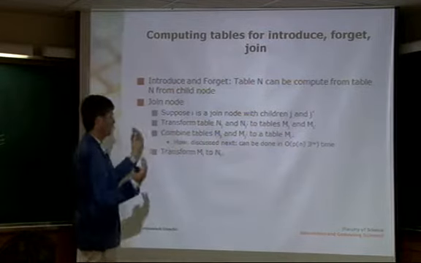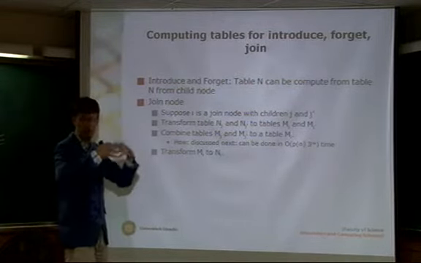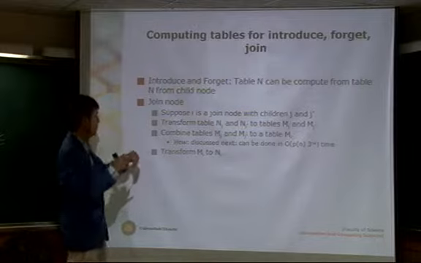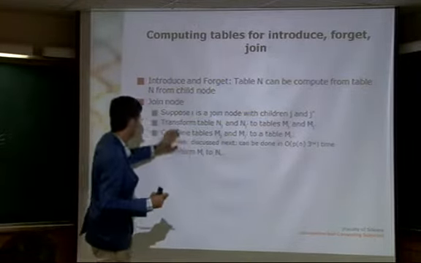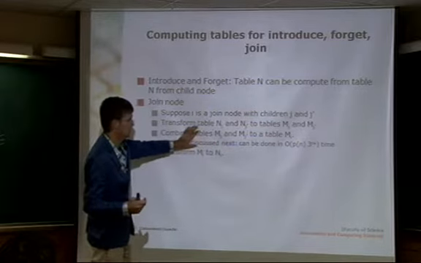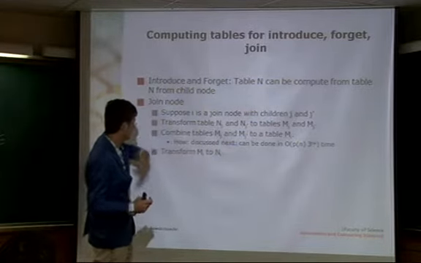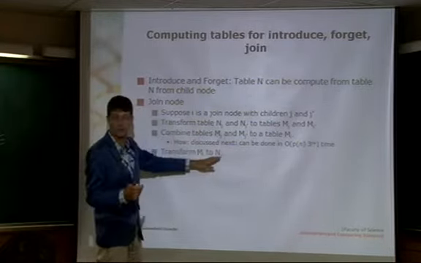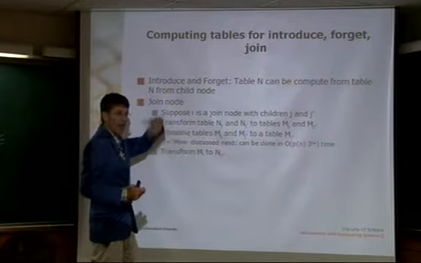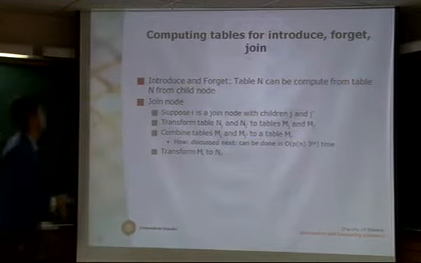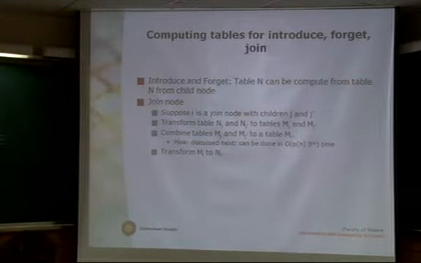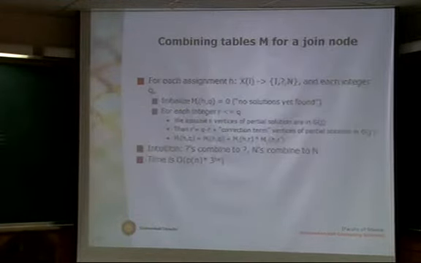Then I can combine these tables with question marks fast, and I'll come to that, how you do this, in my next sheet. And then I have a table with the new values, and I transform it back to the old values again. And because I count the number of solutions, I can do this quickly. So how am I going to combine these tables for join nodes?